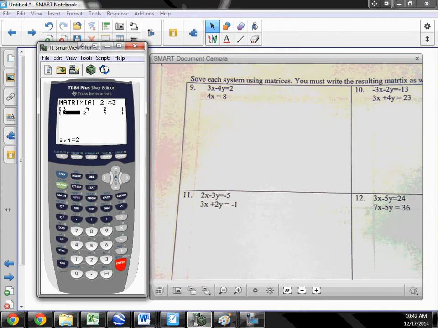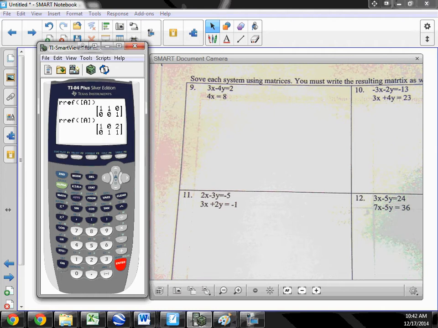How do I put the bottom row in? It's missing a y, so it's going to be 0y. So we'll type in 4, 0, 8. Exit out. I just need to push enter.